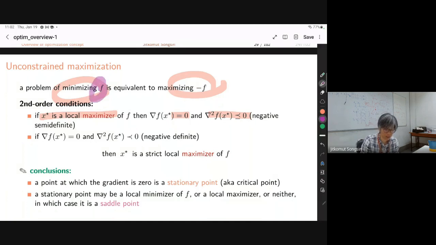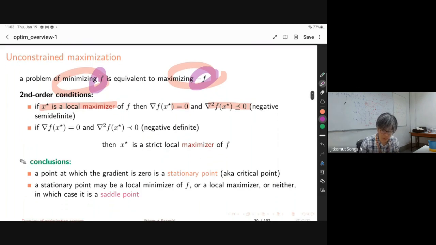Because the Hessian of minus f is minus the Hessian of f. Very straightforward. For the sufficiency part, if it satisfies zero gradient and the Hessian is negative definite, then it is sufficient to conclude that your x star is a strict local maximizer.